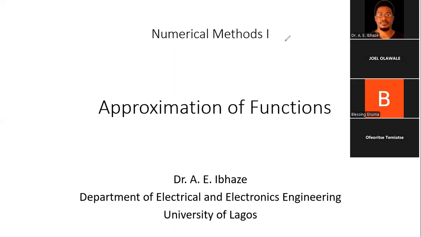Then we'll also consider some other polynomial approximation techniques, the likes of Taylor series and Chebyshev polynomial. And then, if we have enough time, we'll also consider Fourier approximation, which you're already used to, which is a technique that represents periodic functions using trigonometric series.